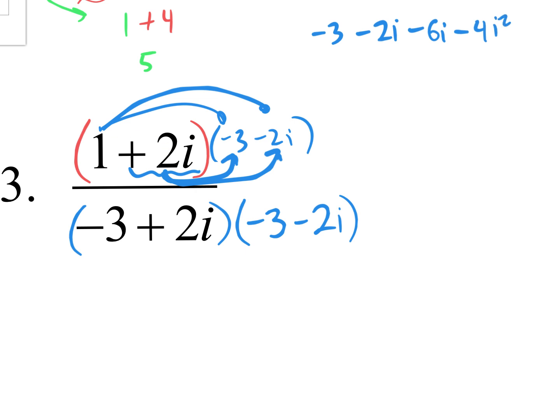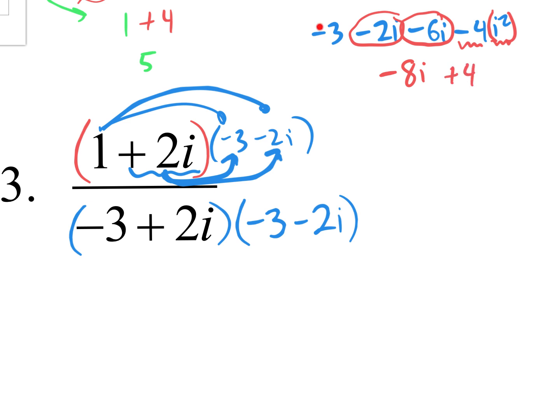Now, this was not a binomial times its conjugate. This is why the middle terms do not cancel out. I actually could combine -2i minus 6 more i's. That's going to be a total of -8 i's. But I do have an i squared. i squared is really a -1. So I really have a -4 times -1, which is a positive 4.